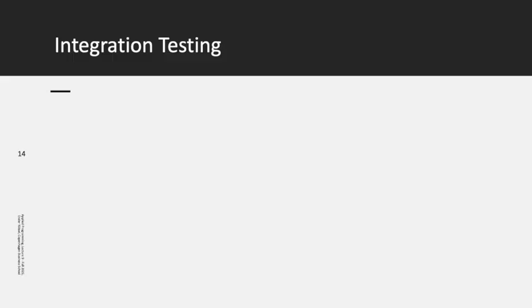Now we move up the testing pyramid to integration testing. While unit tests check individual pieces in isolation, integration tests check that multiple pieces work together correctly. Think of it this way. Imagine you're building a car.